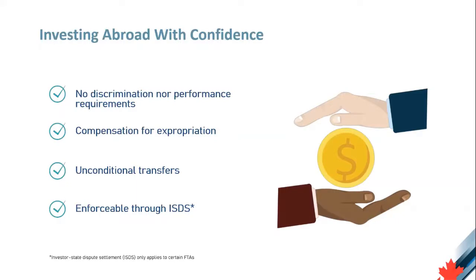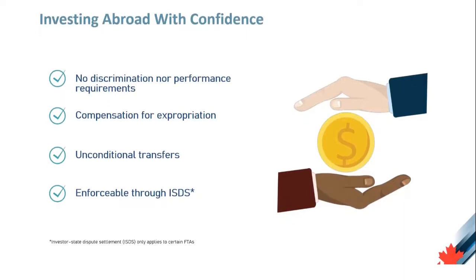Under unconditional transfers, you can get your money back whenever and in whatever way you want, although of course there are some exceptions. And it is also enforceable through ISDS. Just to let you know, the new CUSMA doesn't have this provision.